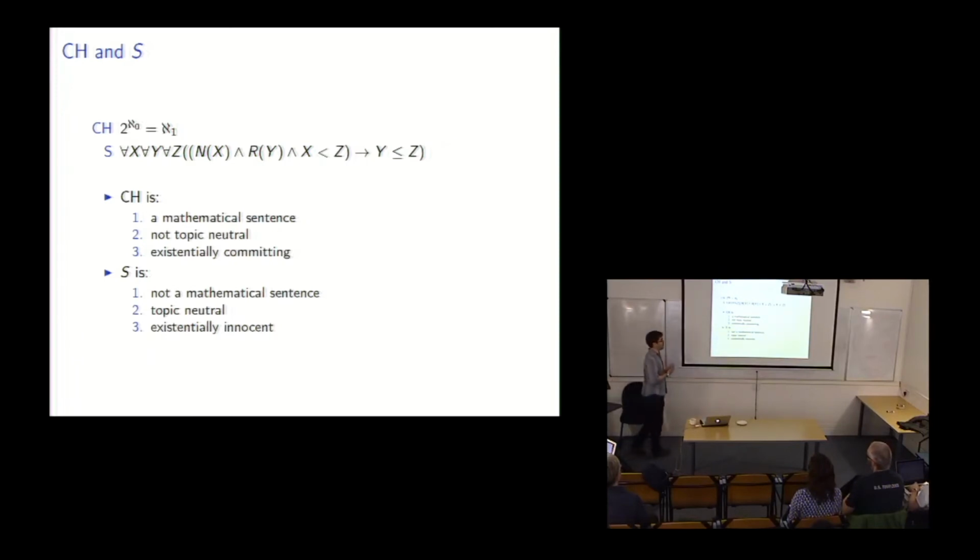And third, it's existentially committing. If it's true, then on a face value reading anyway, it's an identity claim, identity statements get flanked by singular terms, those are names for particular mathematical objects. So it looks like its truth relies on the existence of some mathematical objects.